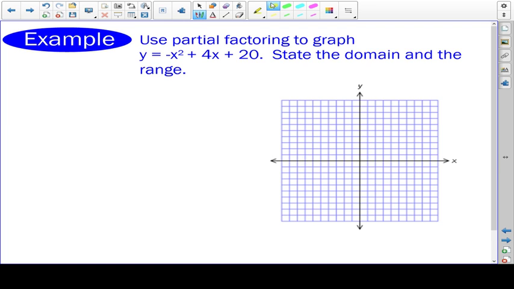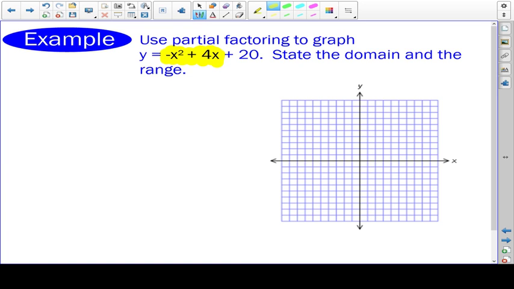They're not going to help you. So if we can't factor it, how can we still use factoring to figure out how to graph it? So we use partial factoring. That's how. So we take a look at the first two terms only.